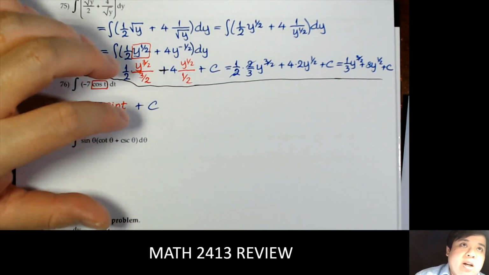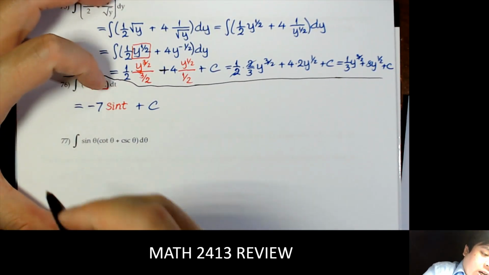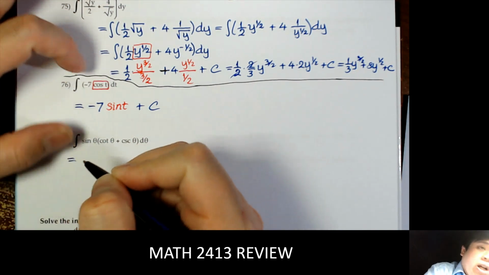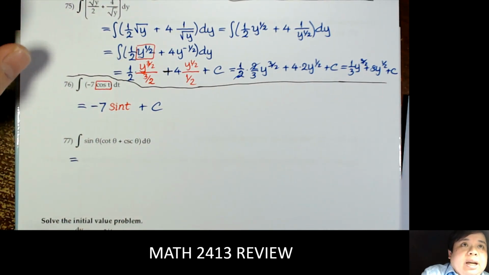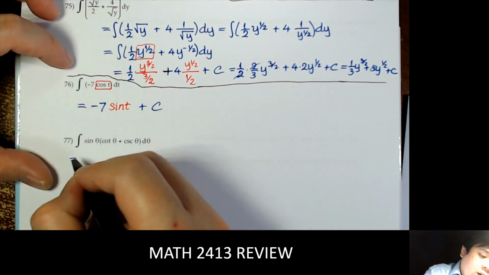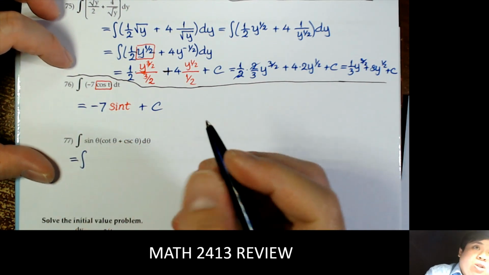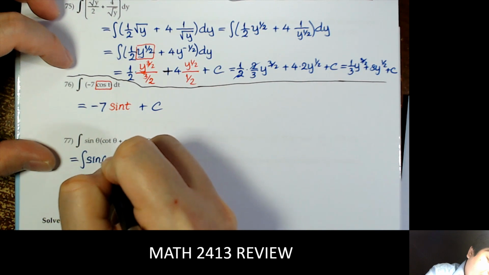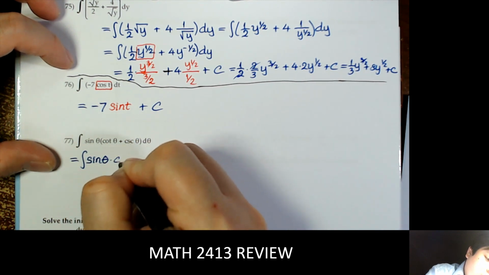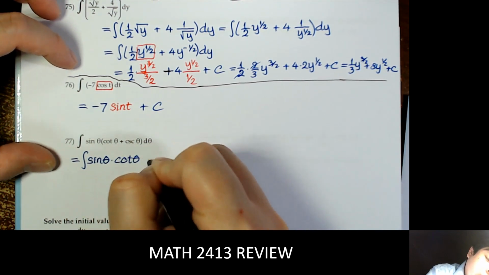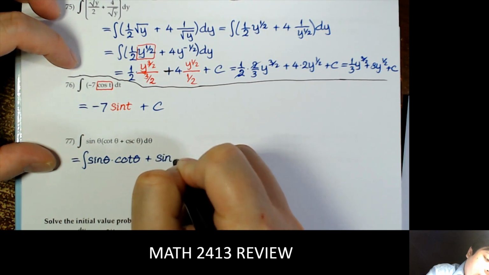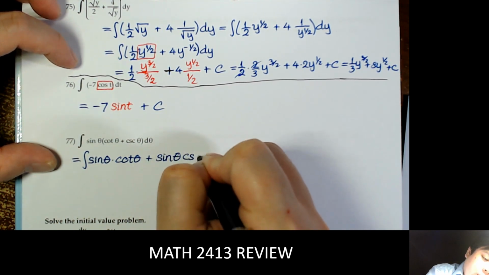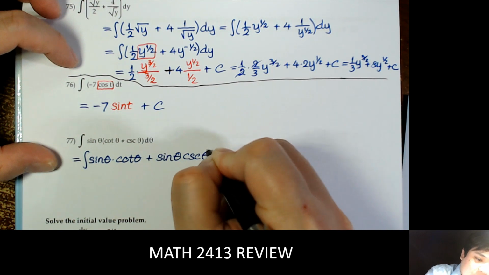Next we have a trig function. There is no product rule or quotient rule in integral. So what we do is we have to simplify it first. So I'll multiply it out. Sine theta cosecant theta.